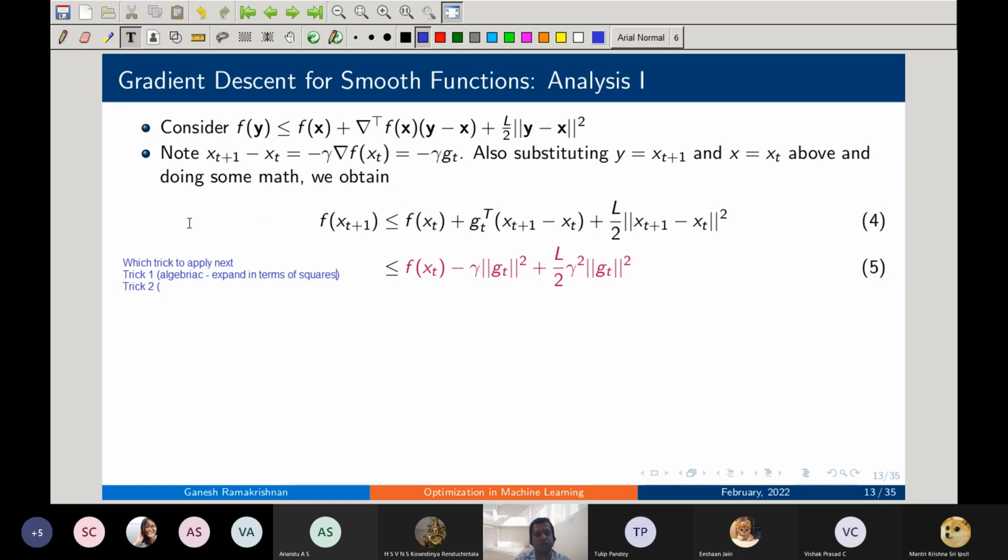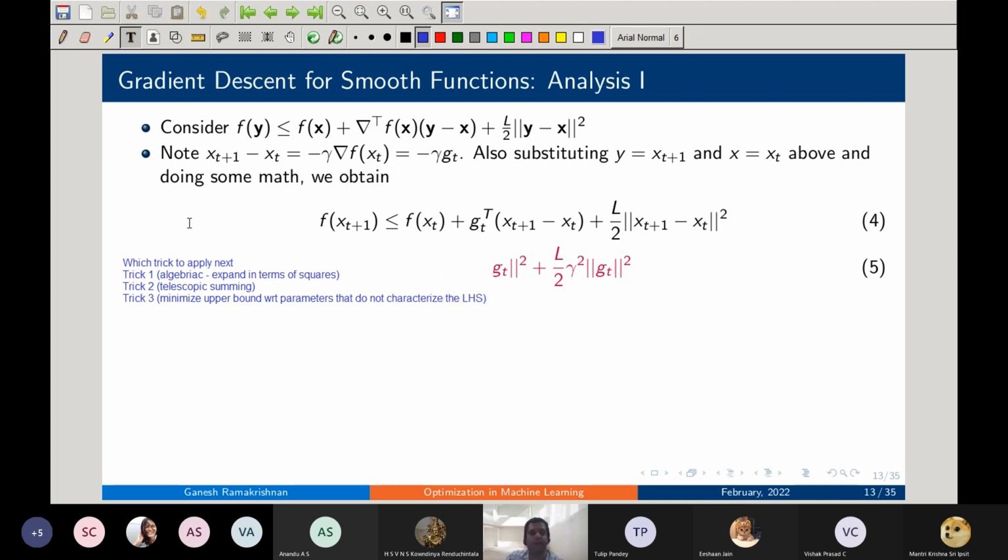Trick 2 was telescopic summing. Should we get to telescopic summing so early on? And trick 3 is to observe what's on the left hand side and what's on the right hand side: minimize the upper bound with respect to parameters that do not characterize the LHS.